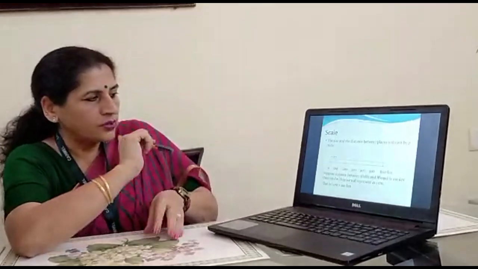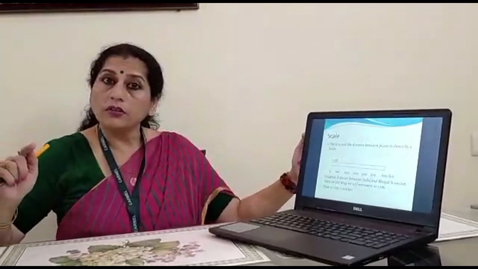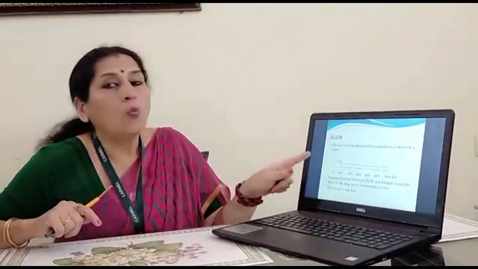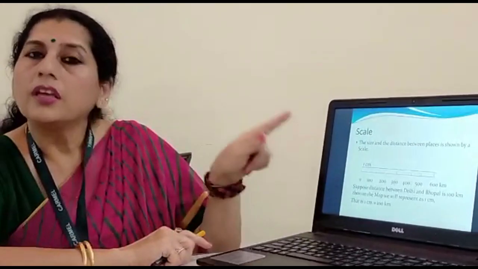Now suppose the distance between Delhi and Bhopal is 100 kilometers. So on the map you cannot draw 100 kilometers. So what are you going to do? You're going to show it with 1 centimeter. So 1 centimeter here on the map is depicting 100 kilometers.